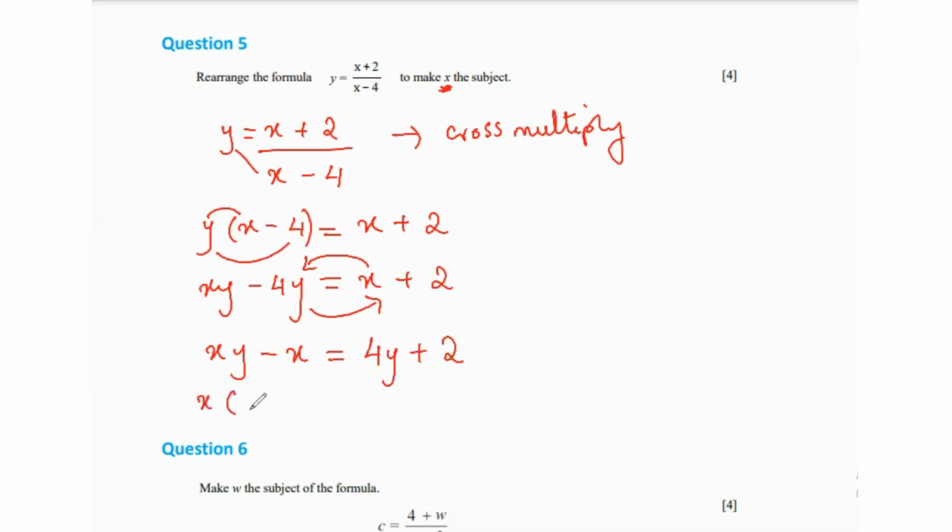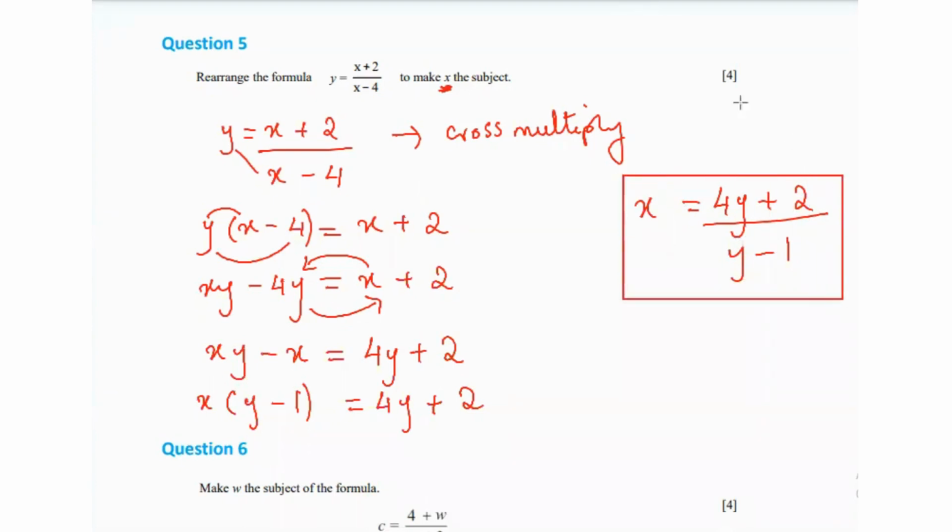So when you take x common, it becomes x times y minus 1 equals 4y plus 2, and then we will move the y minus 1 to the other side, and it becomes 4y plus 2 over y minus 1. As you can see, x is isolated on the left hand side now. There is no other term with it, and every other term which we could see in the initial equation is on the right hand side.